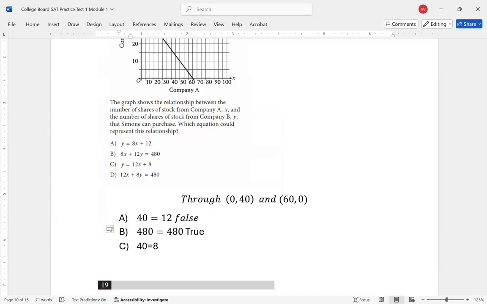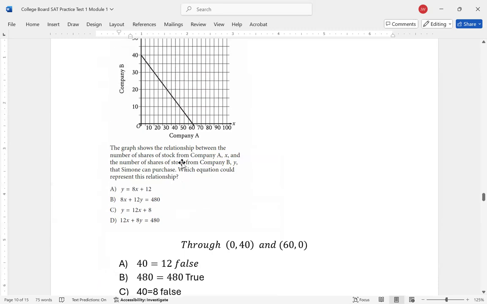That's obviously false. If you plugged in 0, 40 into D, what you'd end up with is 320 is equal to 480. That's obviously false as well. So we end up with the only true option, which is B. B is the equation that could represent this scenario.